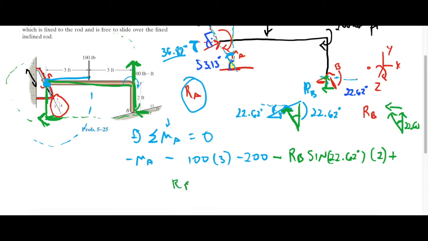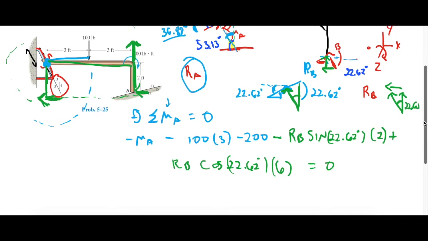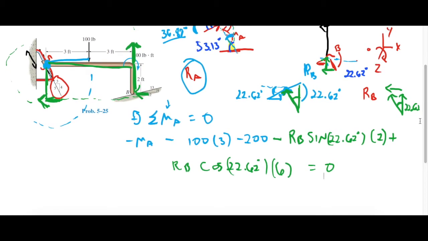RB. And then this time around, we're dealing with cosine 22.62 times the distance of 6 feet. That's how far away perpendicularly we are to A equals 0. Boom. So now we can calculate our reaction B. Actually, we have 2 unknowns, so we cannot calculate that.